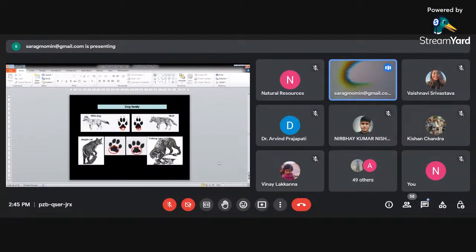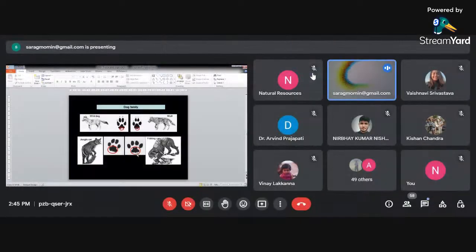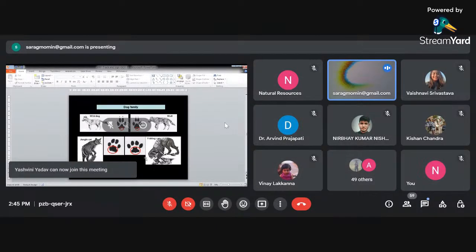So first you have to see the base portion of the paw mark. In these two cases, it is almost the same, very difficult to distinguish. When it is very difficult, then you have to check the breadth of the fingers. You have to compare the breadth of these two species.